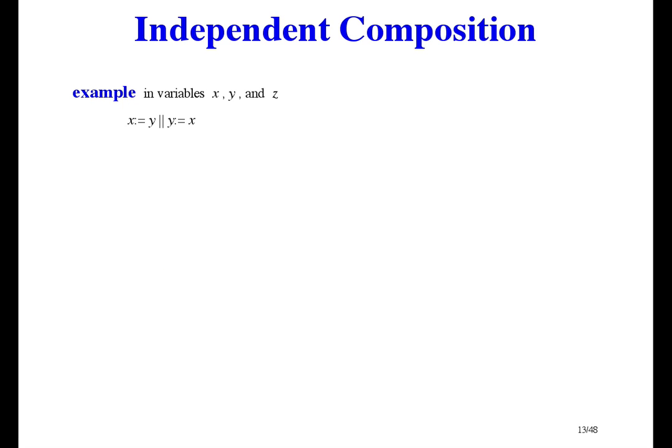For example, in variables x, y, and z again, x gets y in parallel with y gets x. On the left we have x gets something, so x belongs to the left process. On the right we have y gets something, so y belongs to the right process.